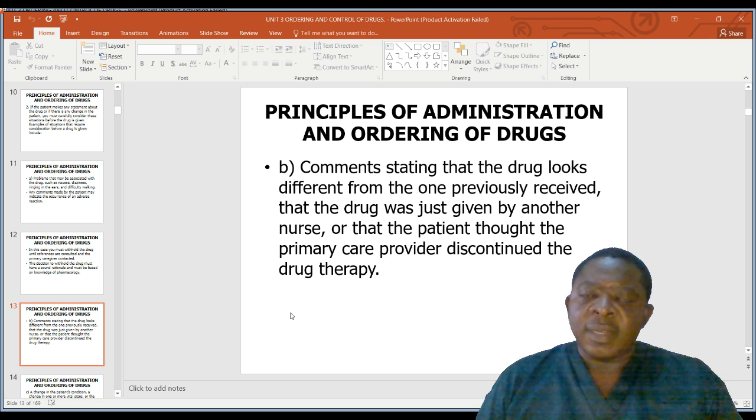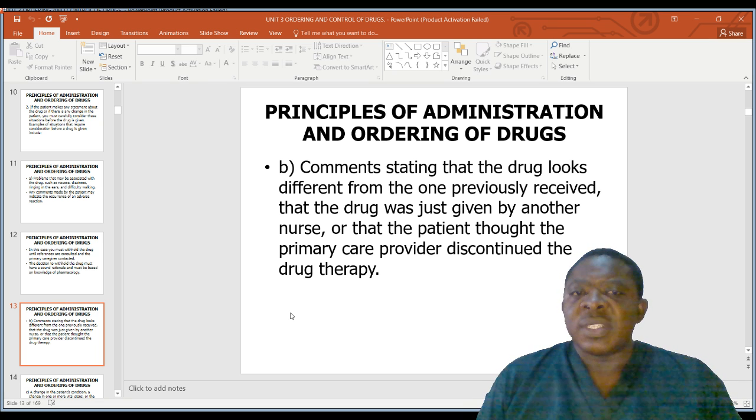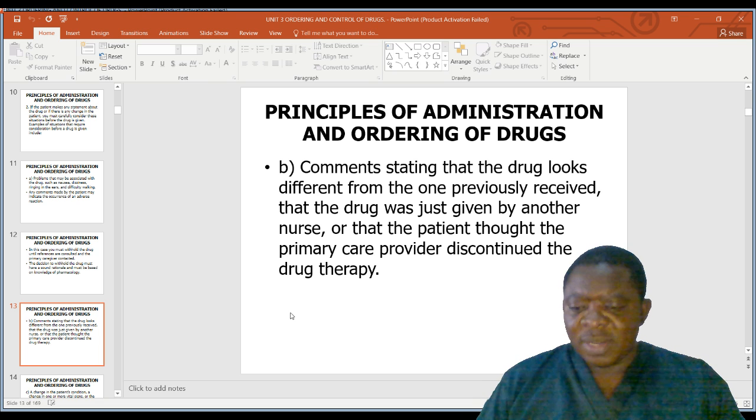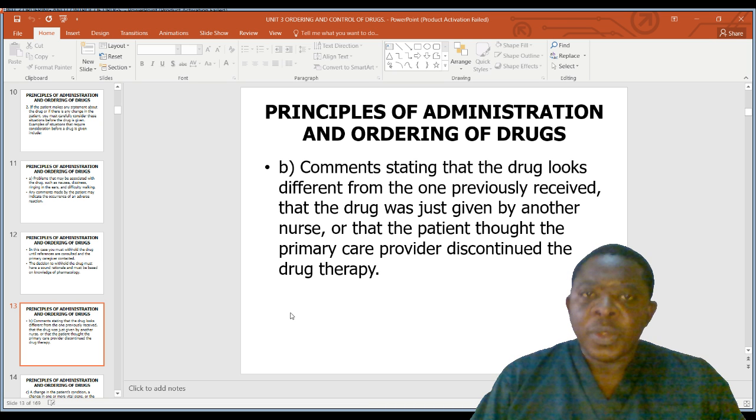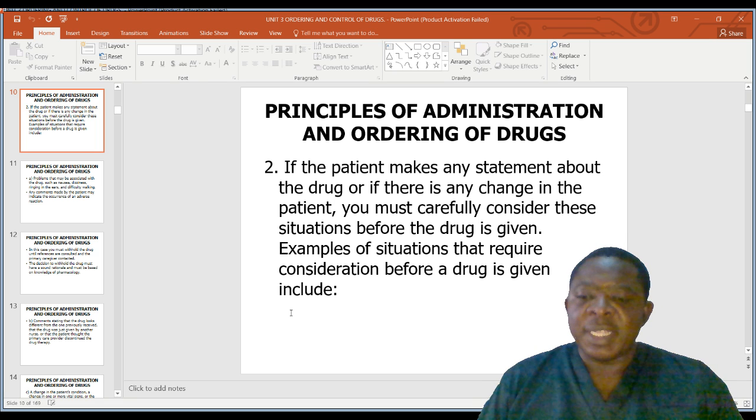Then the second reason can be a comment stating that the drug looks different from the one previously received, that the drug was just given by the other nurse, or that the patient thought the primary care provider discontinued the drug therapy. So we are looking at if the patient makes any statement about the drug, or if there is any change in the patient, you must carefully consider these things.